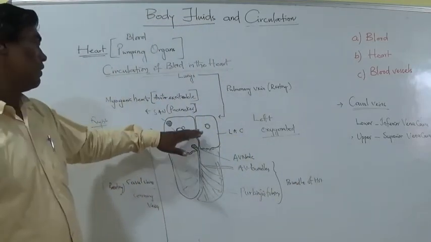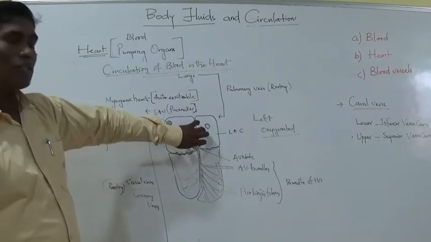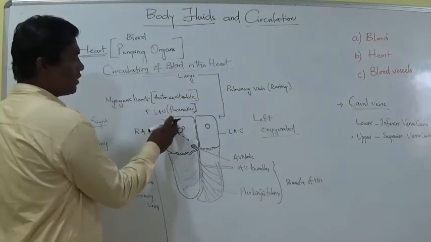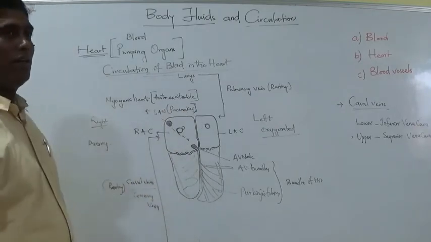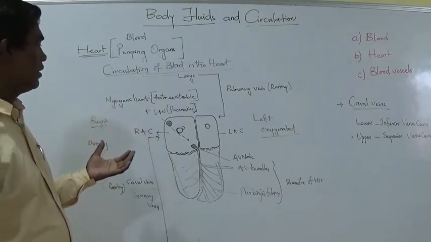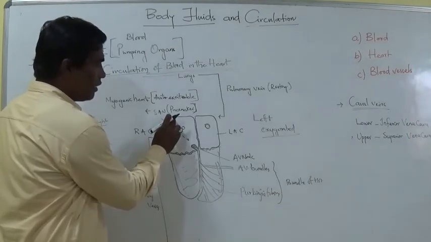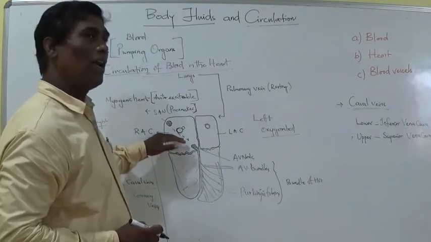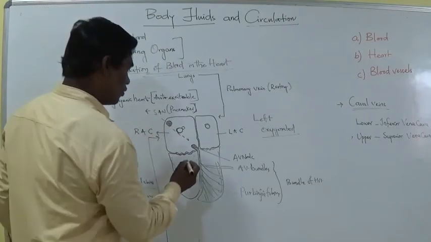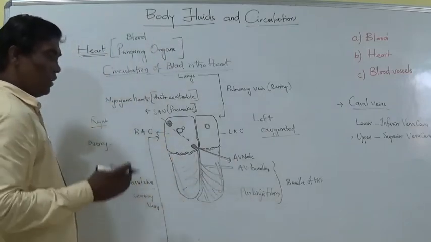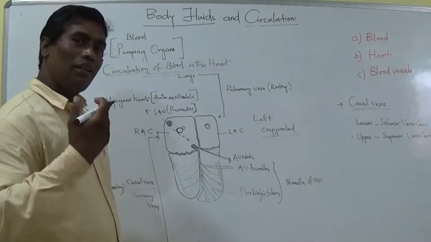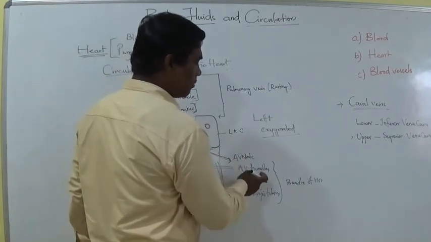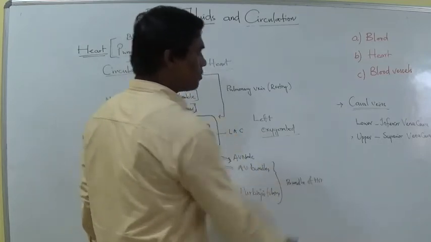Okay? So once, in the resting state, the two chambers receive the oxygenated blood from the lungs and deoxygenated blood from the body parts, the sinoauricular node or pacemaker, an auto-excitable nodal tissue, creates an excitation which passes an action potential in the auricles, which leads to their contraction. When this action potential reaches the auriculoventricular node, the AV node, it receives the action potential and sends it to the ventricles with the help of AV bundles and Purkinje fibers, the bundle of His.